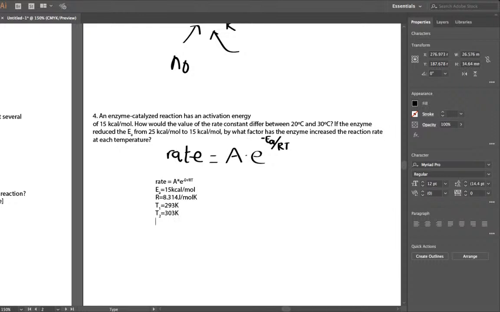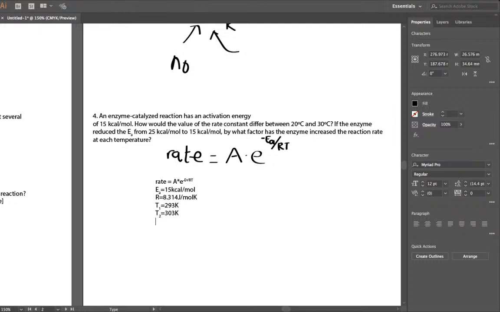From here we are trying to find how it would differ. I think the best way to find how much it differs is by dividing one by the other, so let's find the ratio.